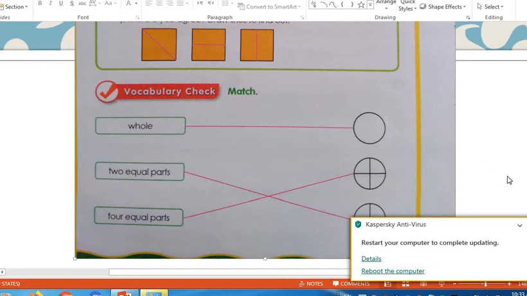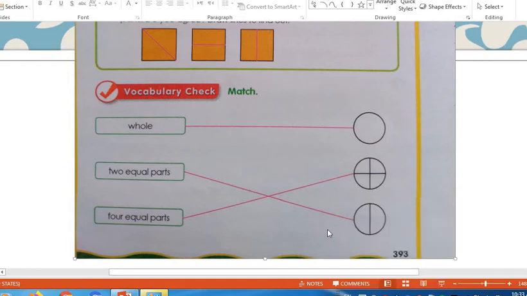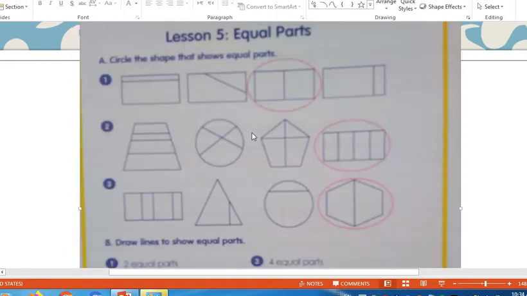I have here also 2 equal parts, and we have learned also 4 equal parts. Okay, in your practice book, if you have it at home, I have circled the shape that shows equal parts.